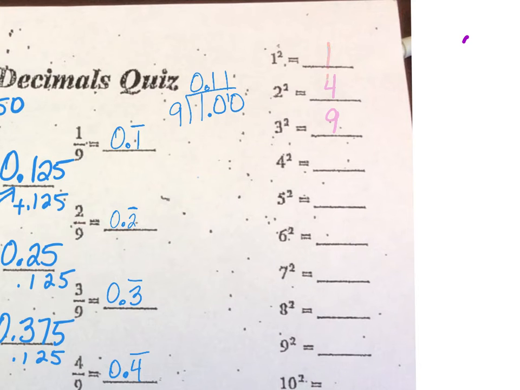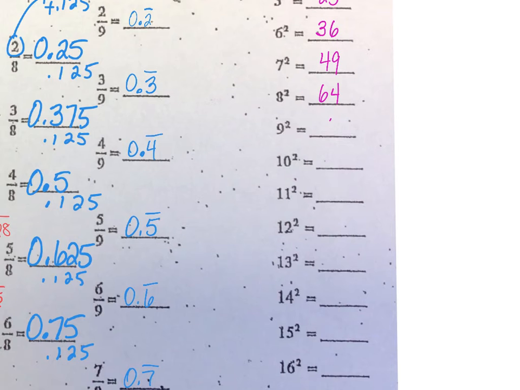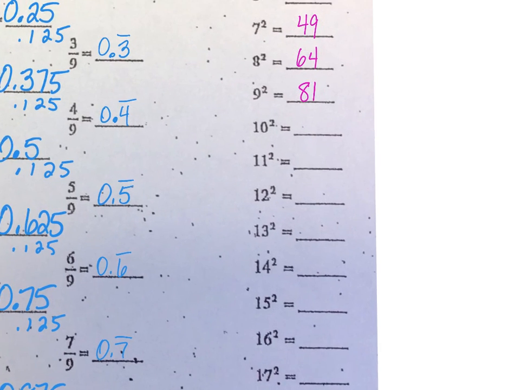So we got 1, 4, 9. 4 squared is 16. 5 squared, 6 squared, 7 squared, 8 squared is 64. 9 squared is 81. 10 squared.